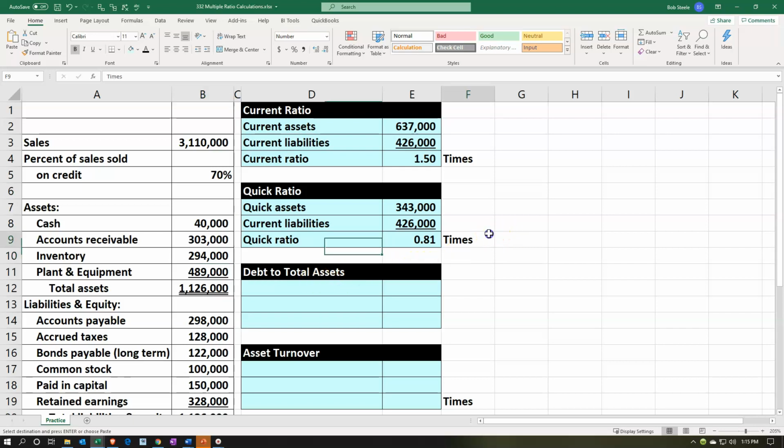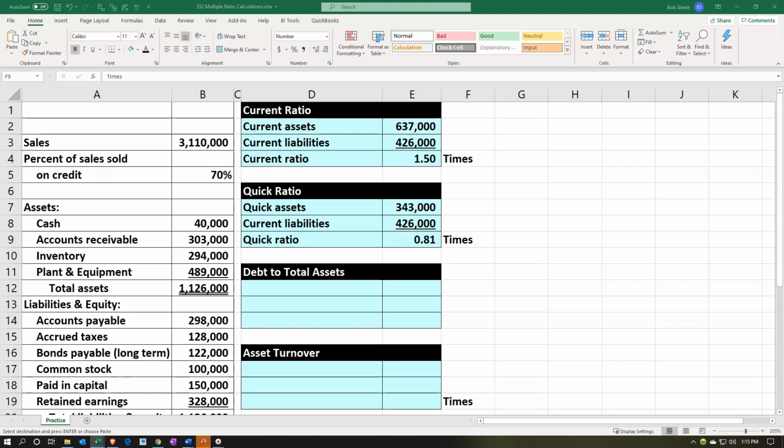Now, is that normal? It really kind of depends on the industry. So you want to take a look at the industry to see if that's going to be efficient. And remember, there's an interplay with this in terms of you want to be using your assets in order to generate revenue, but you have to be careful that you don't overextend so that you are in danger, especially in times of an unusual circumstance, of not being able to pay the debt that comes due.